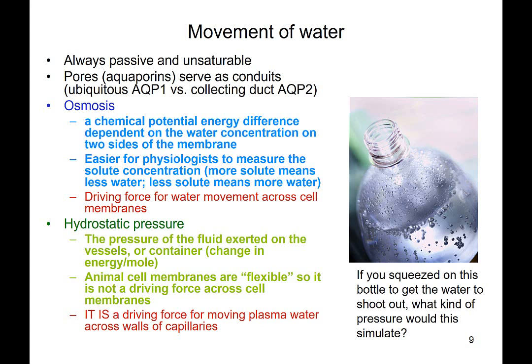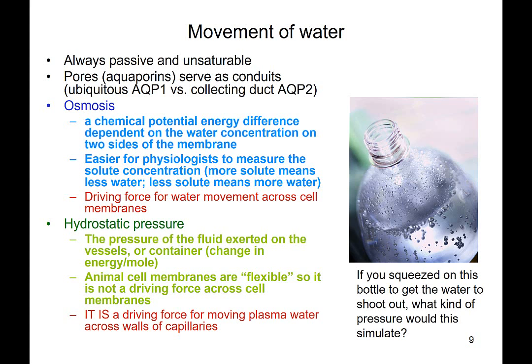There are two reasons why water moves. Water moves because of a hydrostatic pressure or an osmotic pressure. And this movement is always passive. There is no chemical energy required like ATP, and it's unsaturable, meaning it can continuously move.